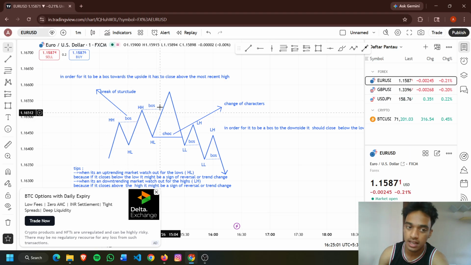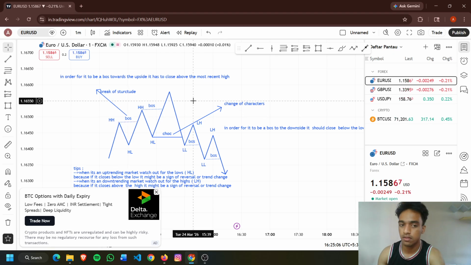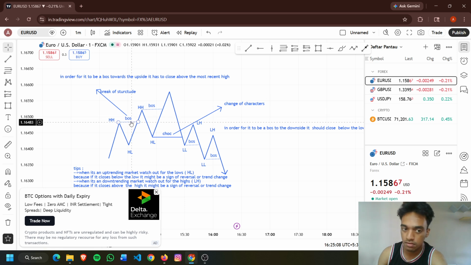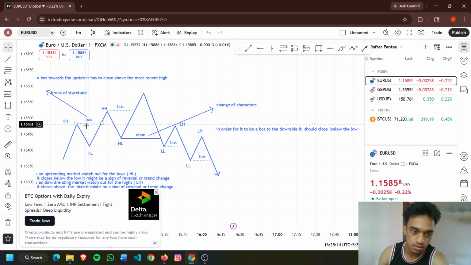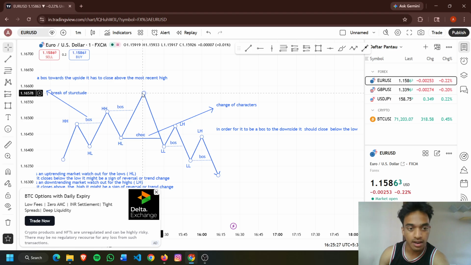For this uptrending example, I will be using BOS in the future, so don't get confused because of that. BOS stands for break of structure. We just break this high, so this becomes a break of structure. Then the next newly formed high is this one, and then we create a higher low, and then again we create a higher high.